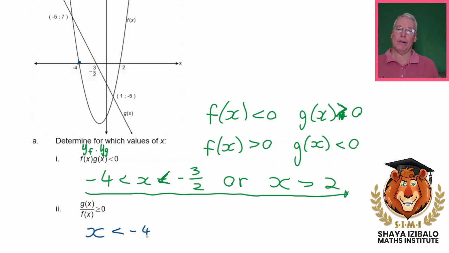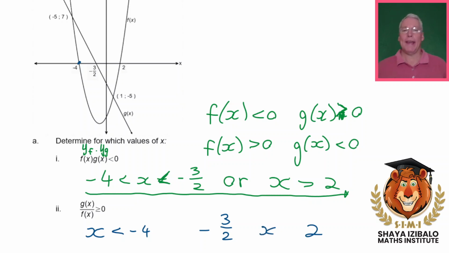Now, the reason we can't include -4 is because we would have a 0 on the denominator, and this fraction would be undefined. After that, they're on opposite sides of the axes, but from -3 over 2, they're both on the same side of the axes until 2.